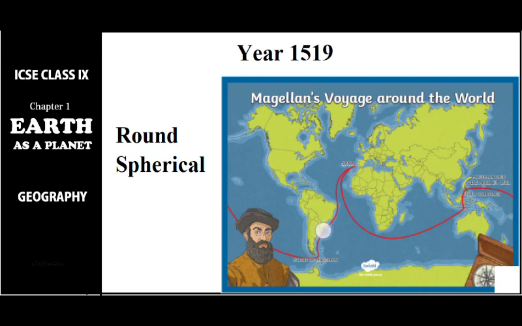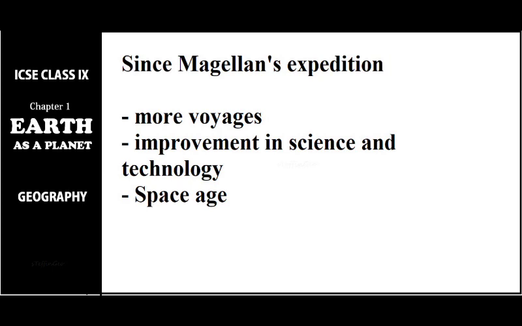From this time onwards, so many studies started regarding the shape of the Earth. Science and technology has improved, and now we are in the space age. Now we have cameras and telescopes which take photos of the Earth from outer space. Now we don't have any doubt about the shape of the Earth. But in ancient times, people had so many confusions and vague ideas.